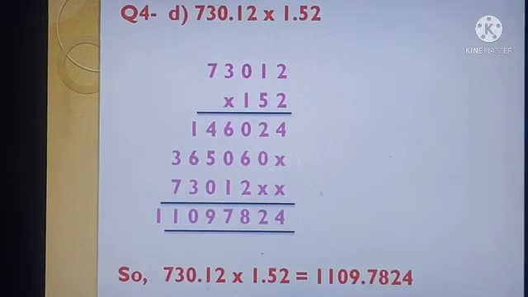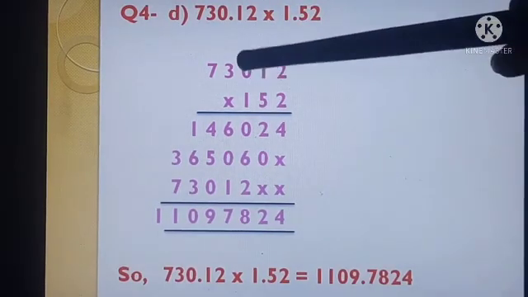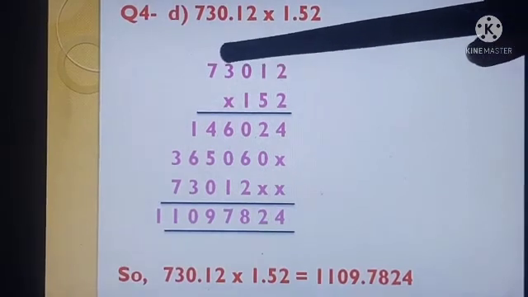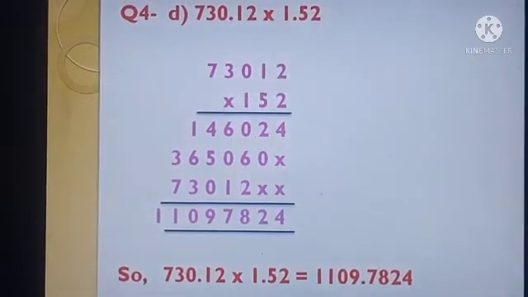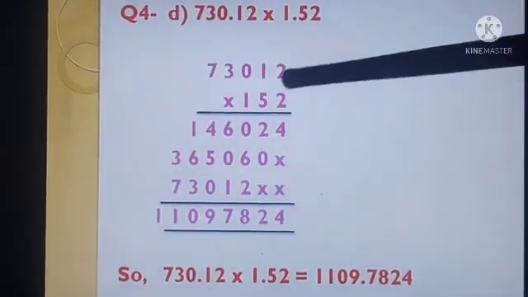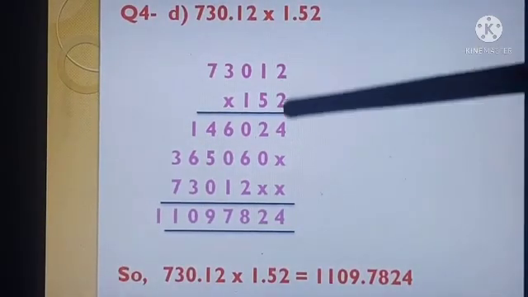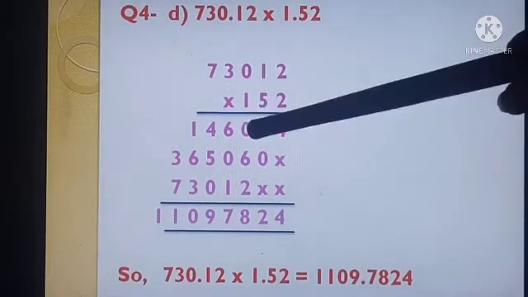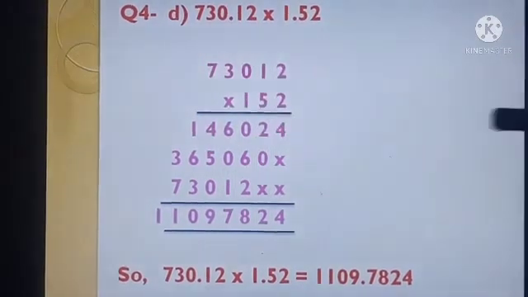Fourth question, D part. 730.12 multiply by 1.52. So we will multiply 73012 with 152. We will not put any decimal, right? So 73,012 will be multiplied by 152. 2 2s are 4, 2 1s are 2, 2 0s are 0, 2 3s are 6, 2 7s are 14.